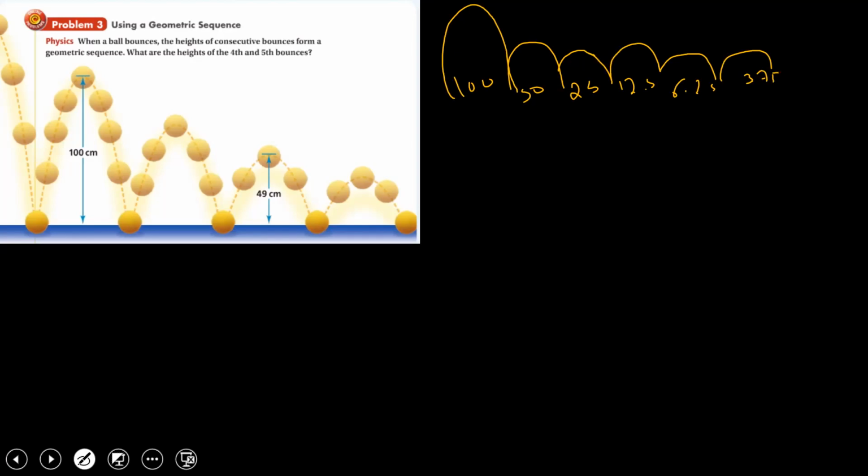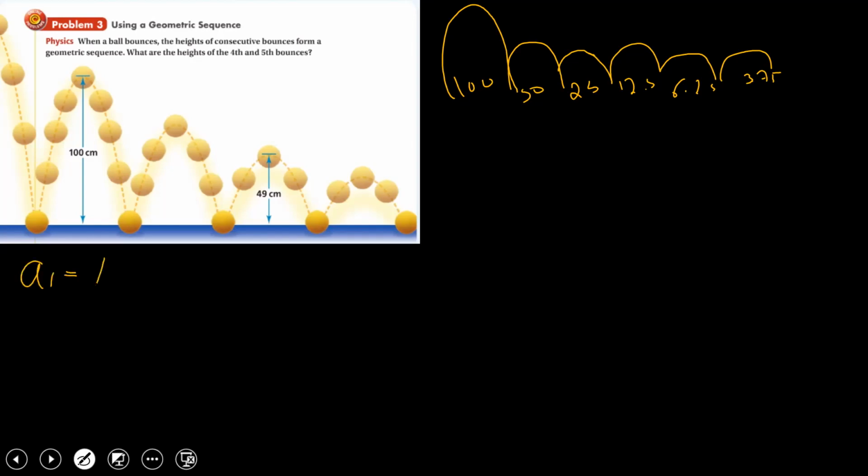From here, I now want to find the fourth and the fifth bounces. As in a sequence, we say we have first term, second term, third term, fourth term. Here we have first bounce, second bounce, third bounce, fourth, fifth, and so on. Let's start with the first bounce, or we can name it a sub 1.